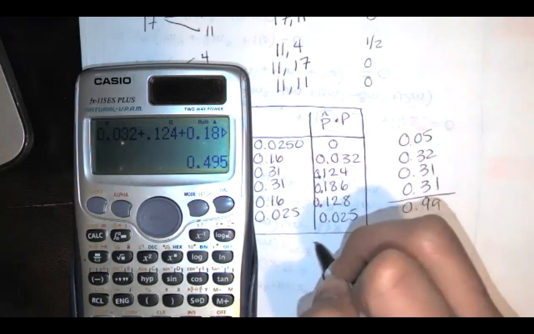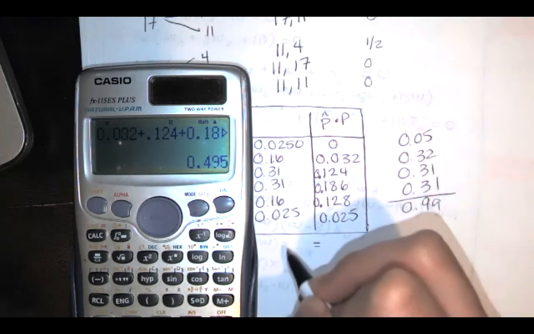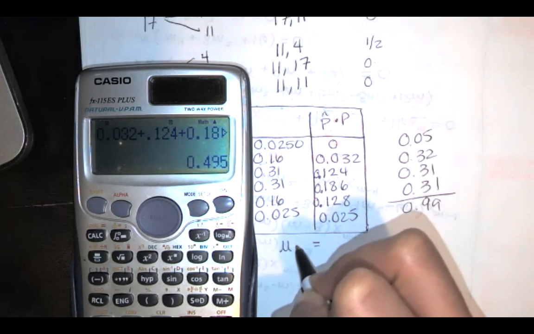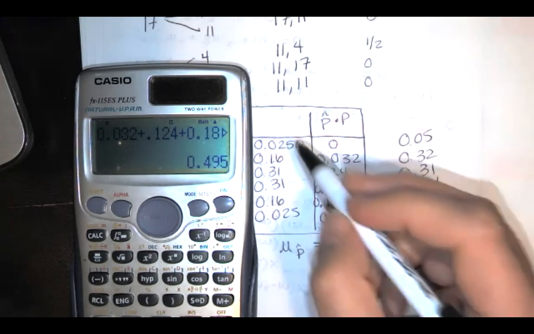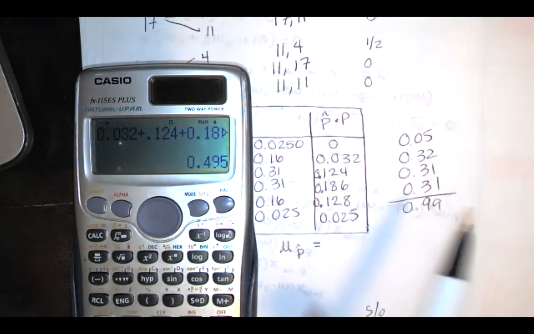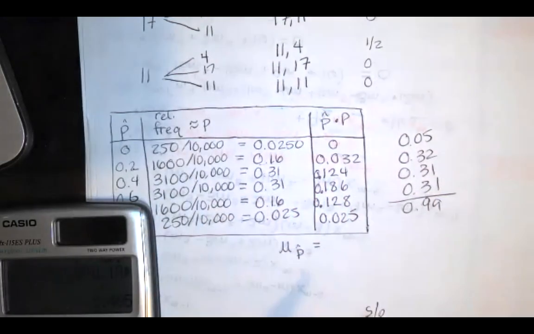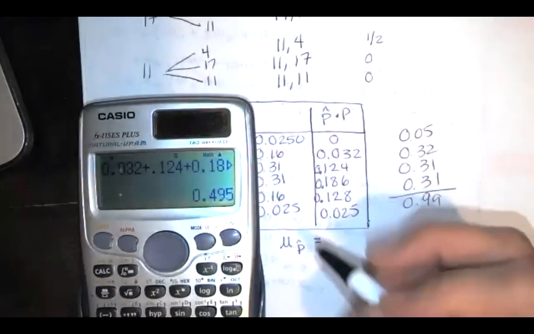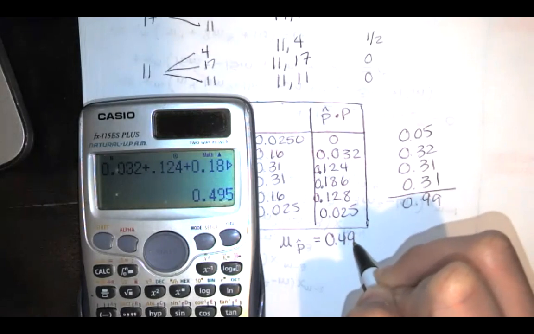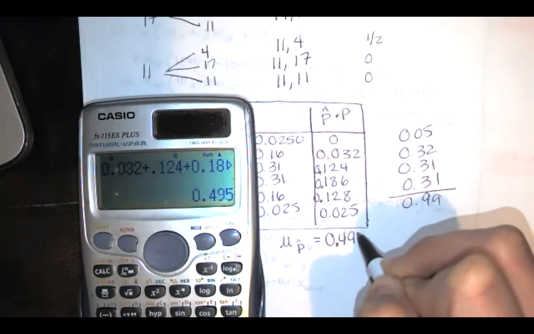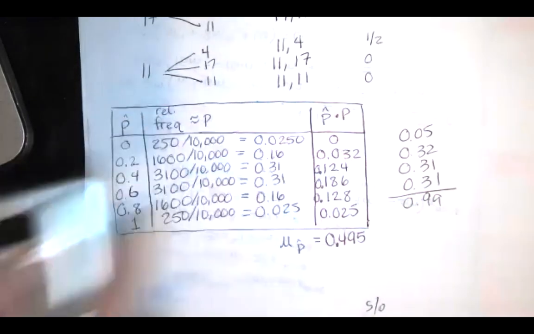Not bad. So the mean of the p-hats, given these estimated frequencies that I was reading off of the table, is equal to 0.495, which is about 0.5.